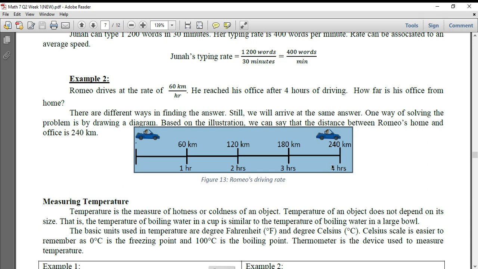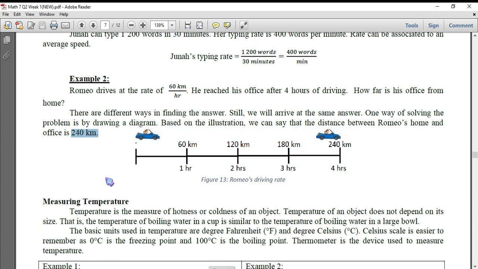So kaya in 4 hours, ang layo, no, ng office ni Romeo ay may distance na 240 kilometers. Okay? So, yan yung isang halimbawa natin para sa rate o average speed.